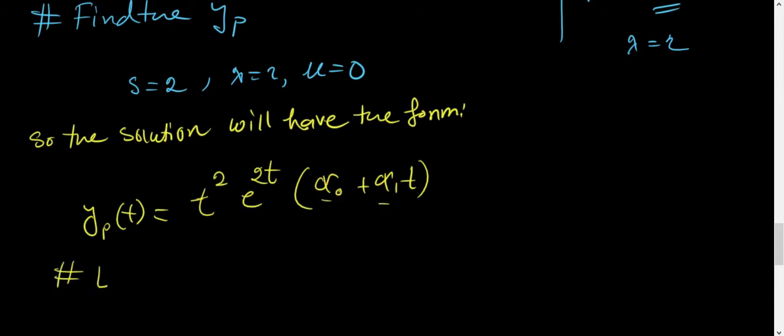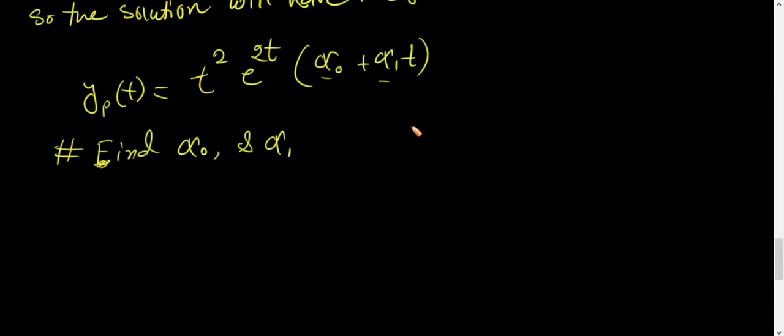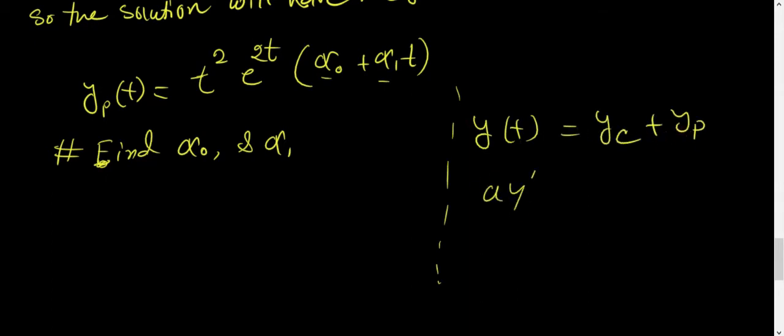So the last step is to find alpha 0 and alpha 1. To do that, recall that our total solution y(t), which was y_c plus y_p, satisfied this equation, that is equation 1.